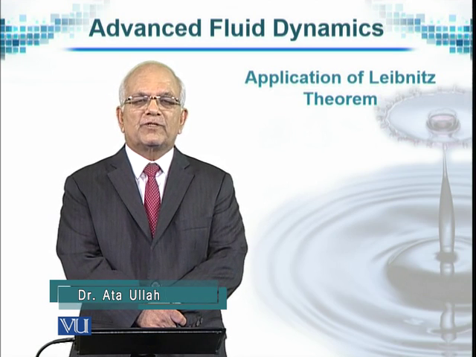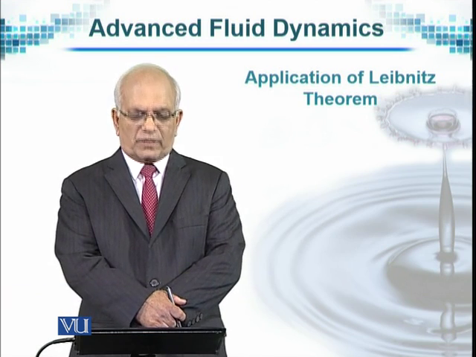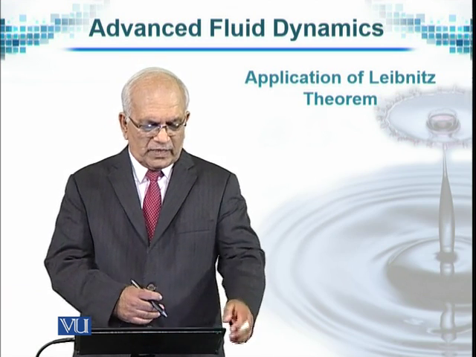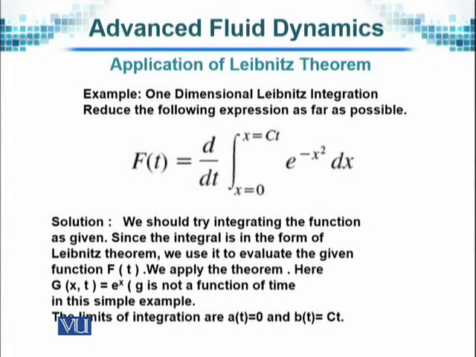But the Leibniz theorem in its integral form renders it very simple, as we see with a simple application to start with. The example here is that the one-dimensional Leibniz integral reduces the following expression as far as possible. F of t is equal to the derivative d by dt of the integral of e to the power minus x square dx from the lower limit x equal to 0 to the upper limit x equal to c, some constant, times t.